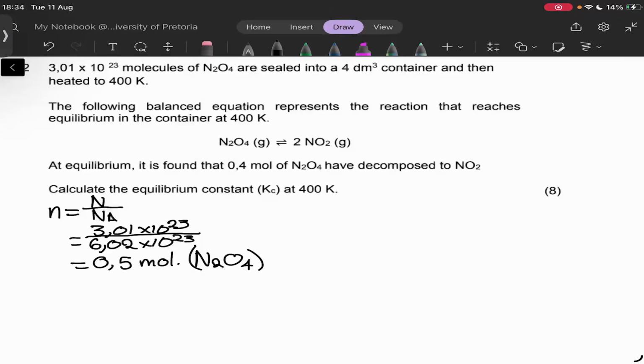This is what we actually have. Okay? And now what you guys should be thinking or recalling or jumping to doing in a scenario like this is our RICE table. So let's set that up then. All right. So I'm going to do my RICE table in terms of moles. I'm going to have now N2O4 over there.